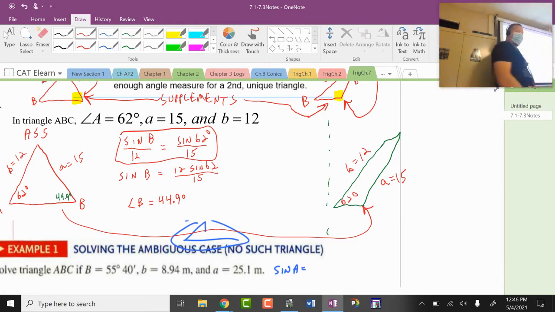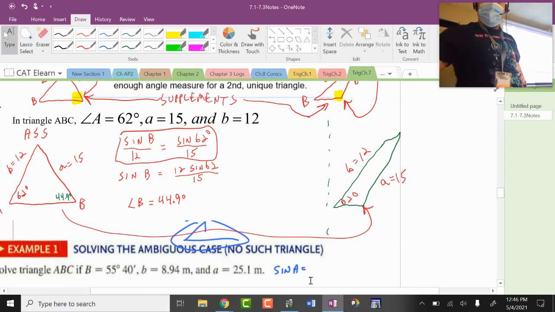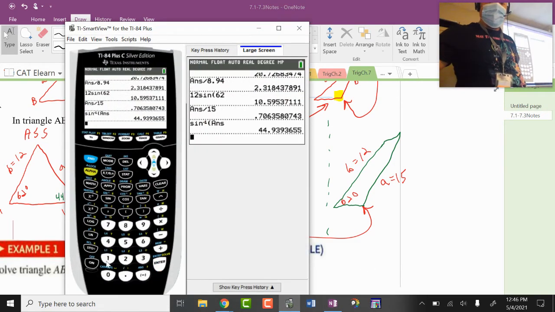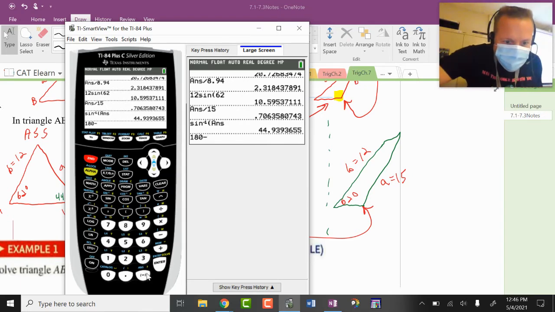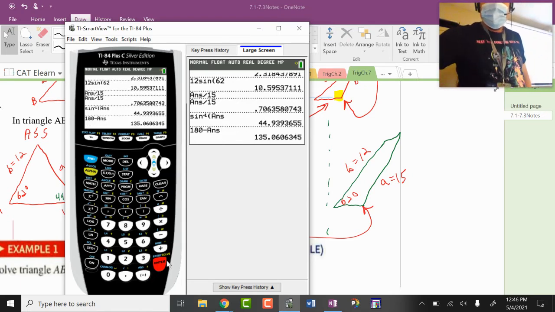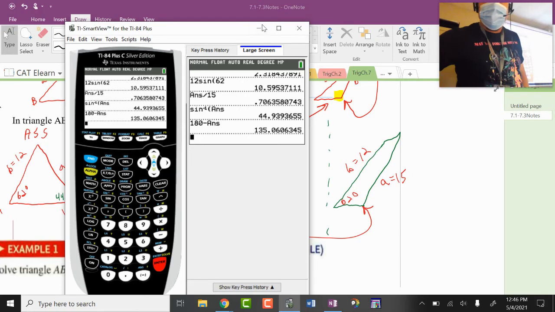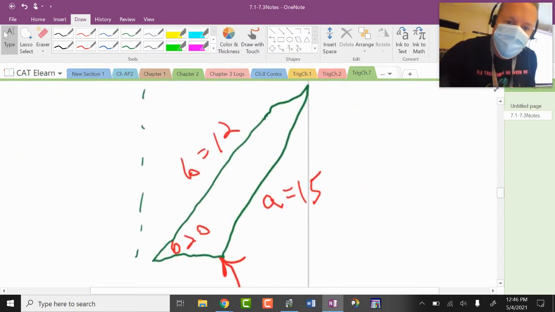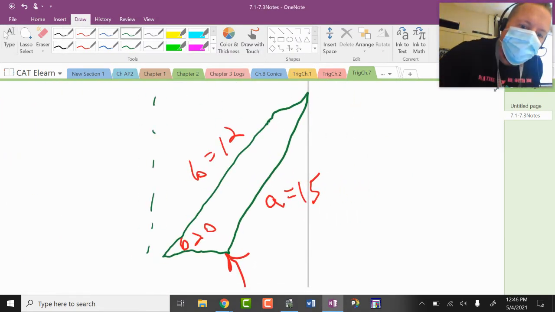So I take 180 minus that and then check it in this other triangle. And I'll show you what goes wrong with this immediately. 180 minus answer. I'm actually trying to find an answer button. There you go. And that's 135.1. So now let's look at what's fundamentally wrong with this.